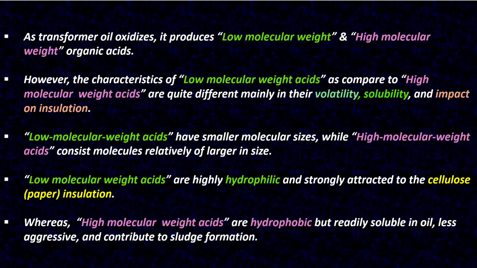Low molecular weight acids are highly hydrophilic and strongly attracted to cellulose, that is, cellulose based paper insulation, whereas high molecular weight acids are hydrophobic but readily soluble in oil, less aggressive, and contribute to sludge formation.